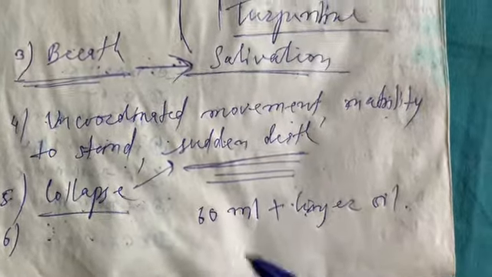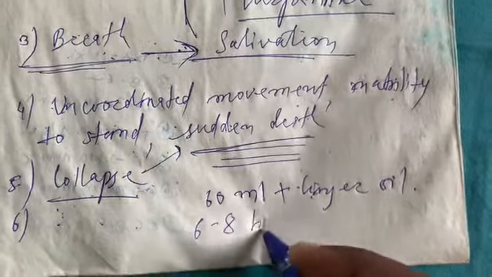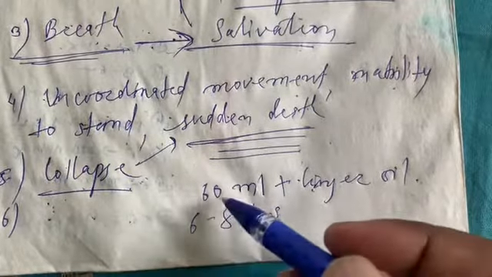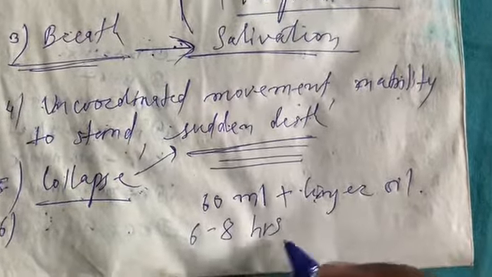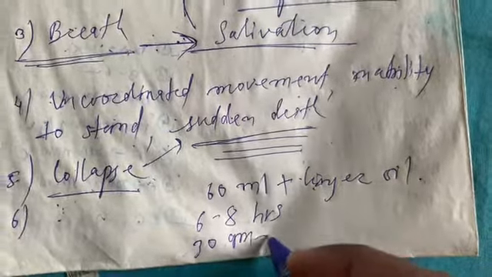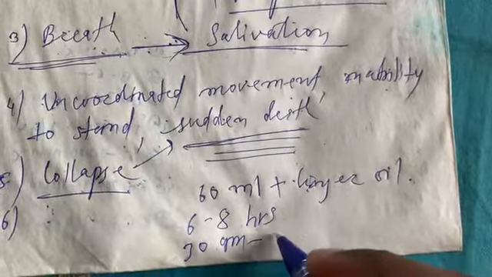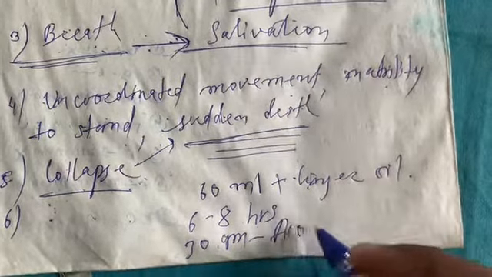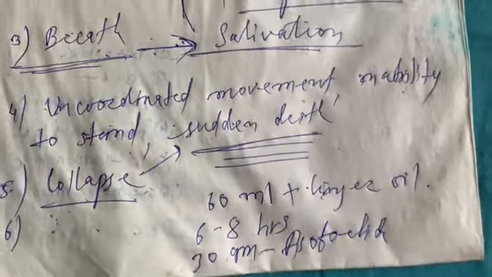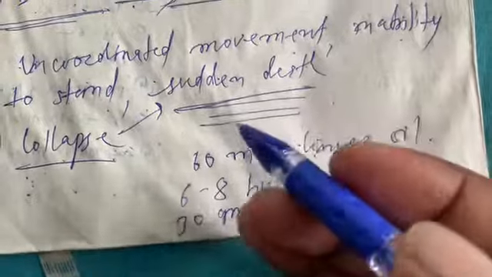After 6 to 8 hours of administration, 30 gram ginger powder, then asafoetida is given, okay. Jaggery is also given.